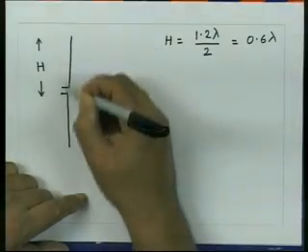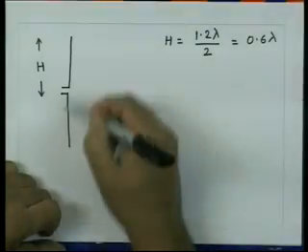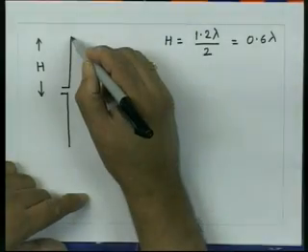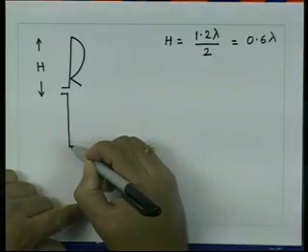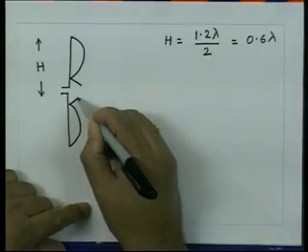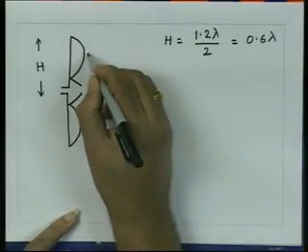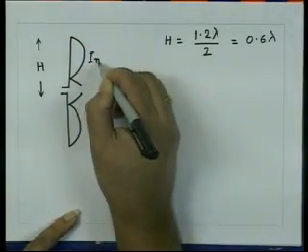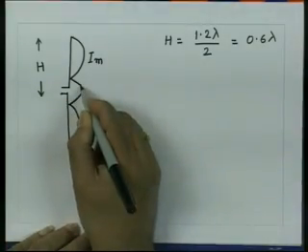This length is a little more than lambda by 2, so we get a current distribution which will look like that. And that is the maximum current which we are going to see, Im, and this will be the input current which will correspond to this value.